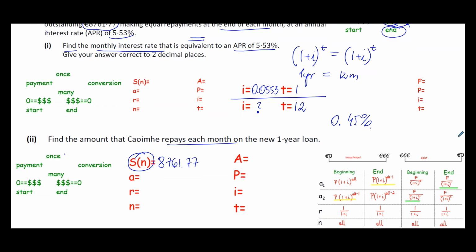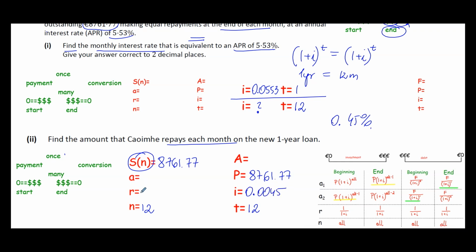In the amortization formula, that is the principal, my P. Now the time, and the n, means all periods. She is repaying here over 1 year, isn't it? So 12 months, 12.